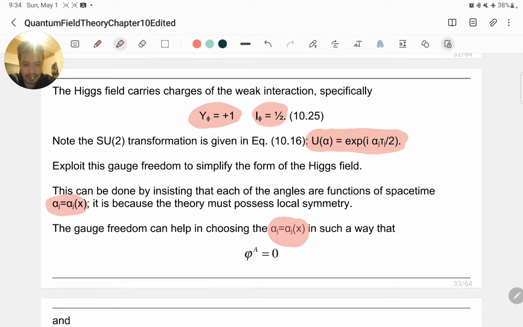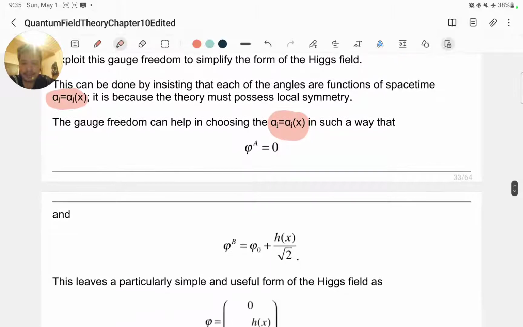So the gauge freedom can actually help us in choosing this as a function of space-time in such a way that our phi A is 0 and our phi B is a fluctuation on phi 0. There's a fixed value of phi 0, and then you have a fluctuating field around phi 0, which is just the Higgs field over square root of 2.